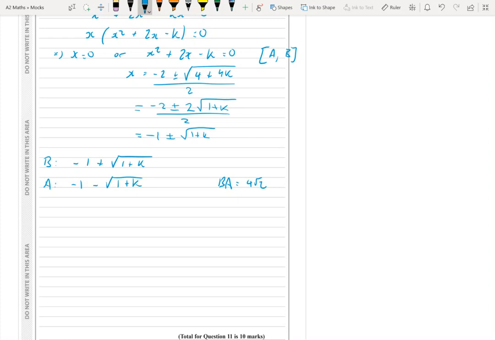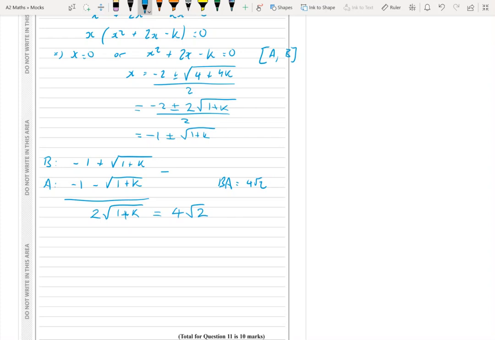Okay, so we'll just subtract these numbers to find the distance between them. We subtract them. The minus 1 minus minus 1 cancels. Root minus minus root means it adds onto itself. We get 2 root 1 plus k. That's the distance, or the difference, between these two numbers. And the question told us that that must equal 4 root 2.